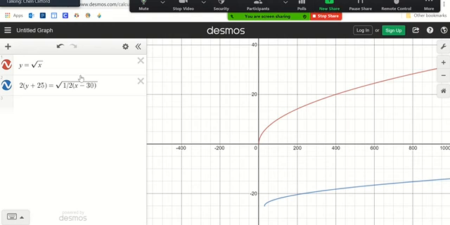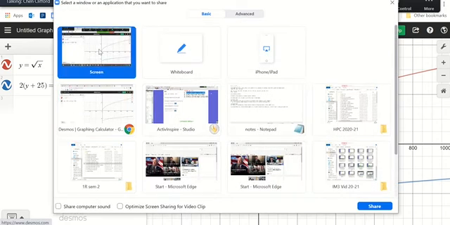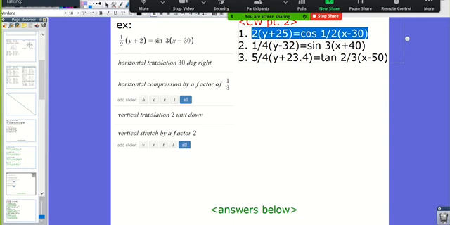I want to reiterate that you can use these transformations, the bullet points that we did last week, which look like this.